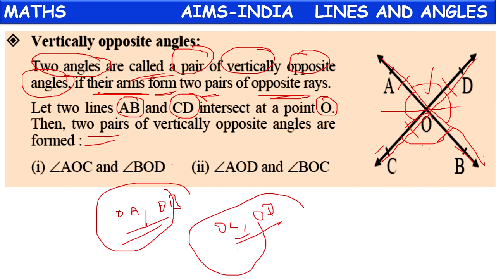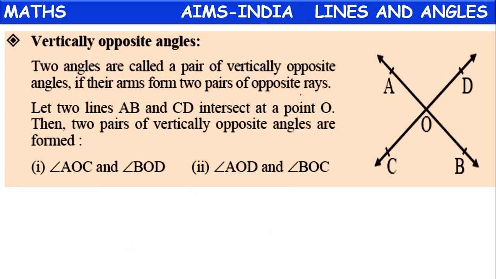So if the lines are able to form two pairs of opposite rays, in that case we can have vertically opposite angles. Here there are also two pairs of vertically opposite angles. AOC is vertically opposite to BOD.